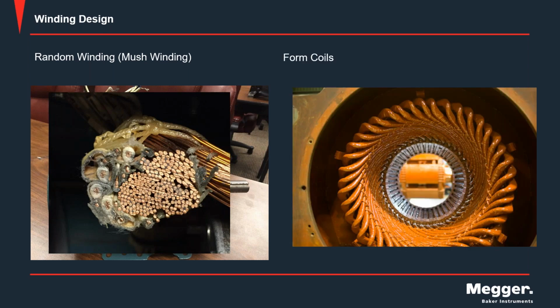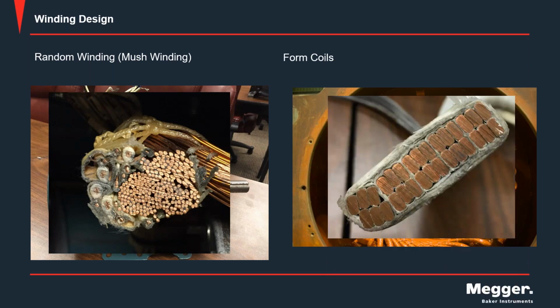With higher voltage motors, we go to a form wound, where a lot of attention is paid to making sure turn 1 is right next to turn 2, next to turn 3, next to turn 4. What they're trying to do with this type of construction is to mitigate the voltage drop between turns. And this voltage drop between turns occurs in motors at startup.